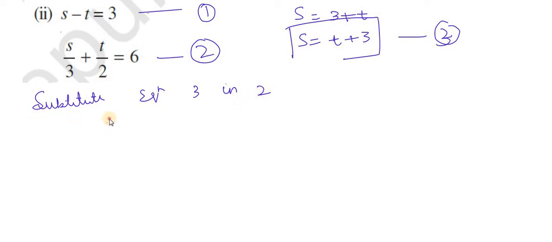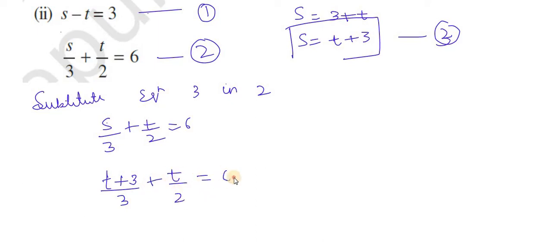What is equation 2? s by 3 plus t by 2 is equal to 6. Our s value is t plus 3. So here, instead of s, I'm writing (t plus 3) by 3, plus t divided by 2, which is equal to 6.